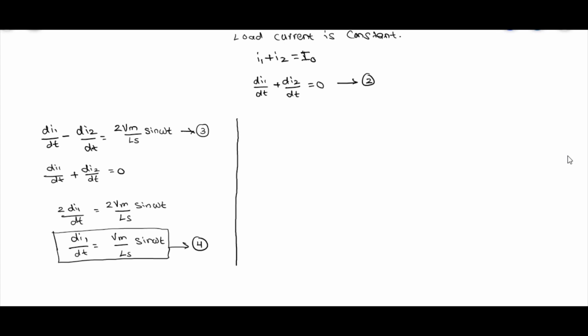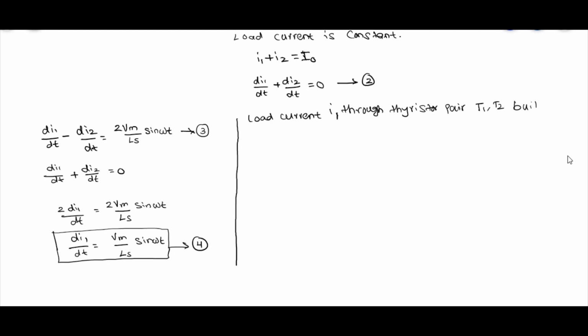So let us move on to the next step. Load current I1 through thyristor pair T1, T2. That means I1 corresponds to thyristors T1 and T2.